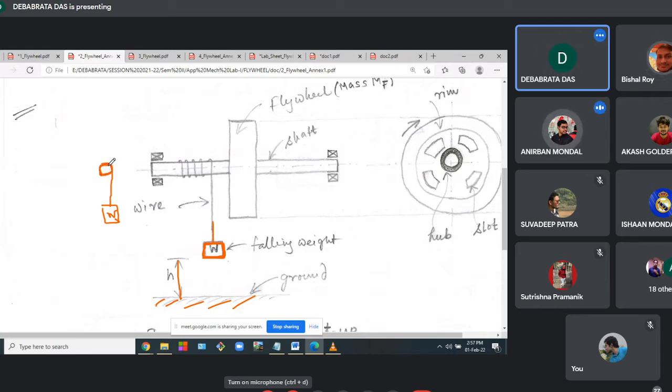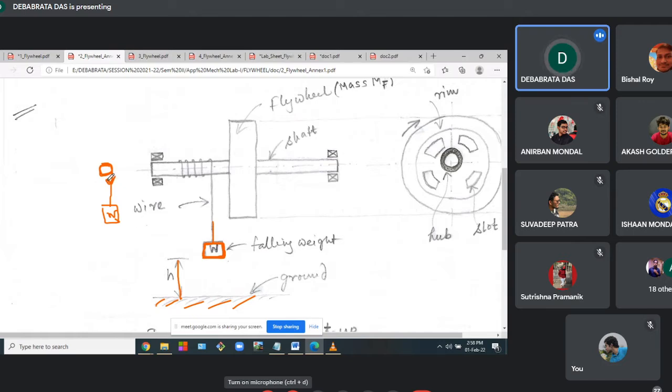By the tension of this wire. So the moment you release it, some tension will be developed, and that tension will provide a torque on the shaft, and the shaft starts rotating. Clear?